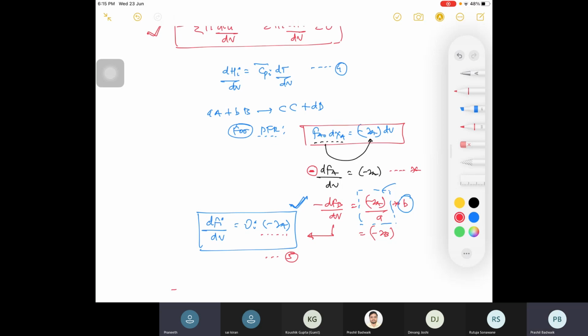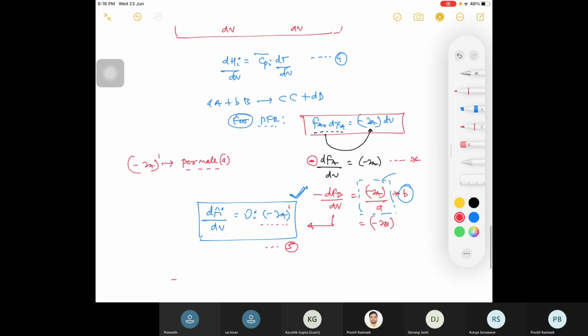Yes, it is there. So here you can consider this minus Ra dash, and this minus Ra dash generally I am considering as per unit of A. Yes, per mole A. That is your dash. You can write that.